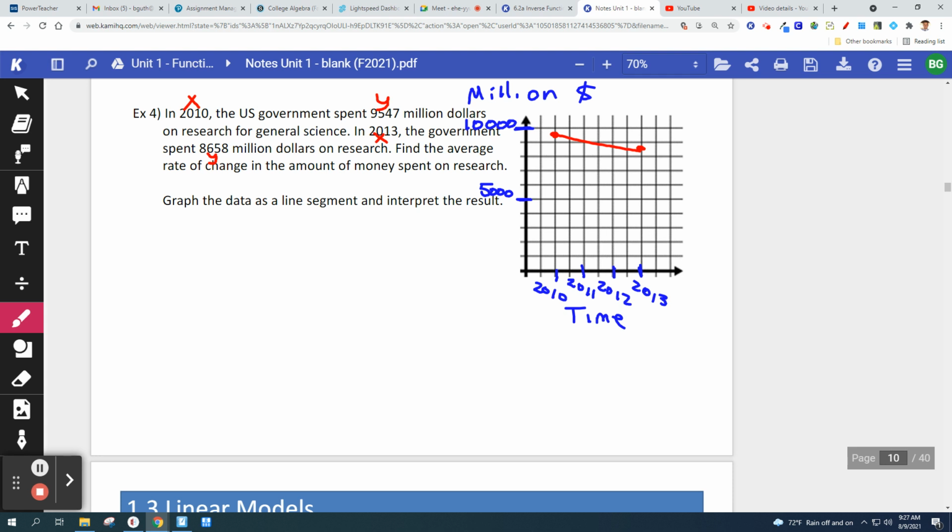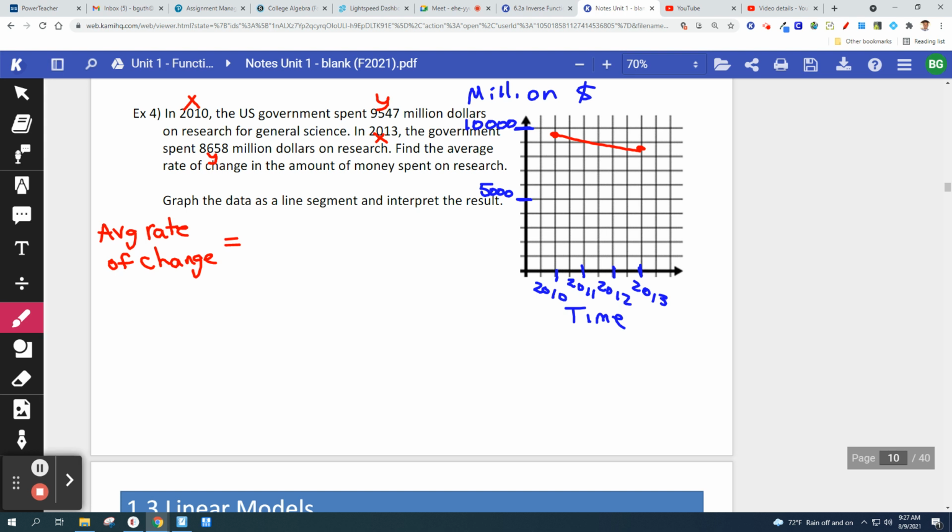And first thing was find the average rate of change. So find the average rate of change is the slope. Okay, so average rate of change equals, right? So it's just the slope formula, y2 minus y1 over x2 minus x1.